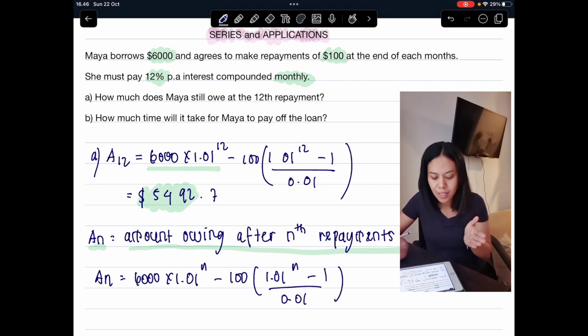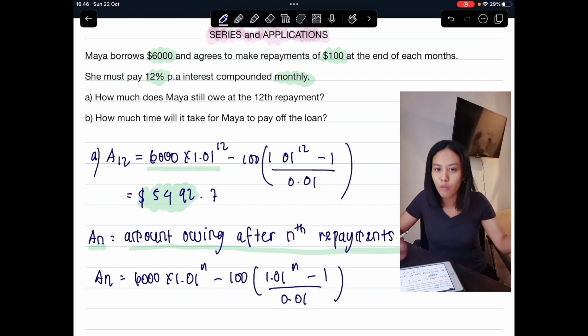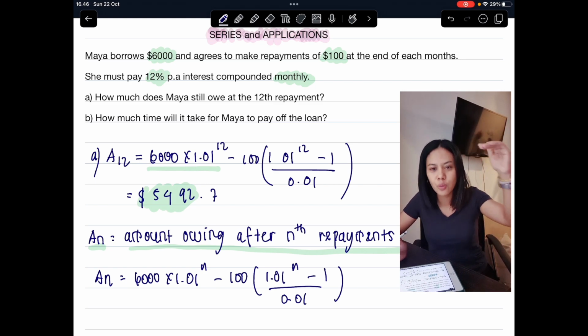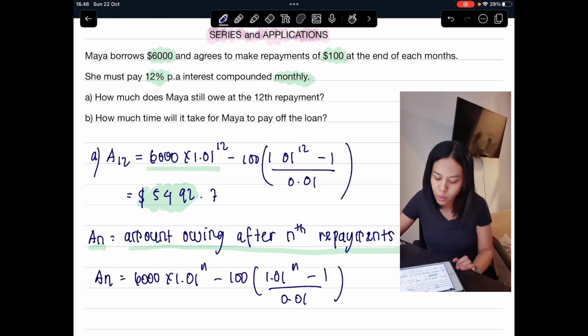That's the formula for An. How did we get that formula? We got it from A12, and we got A12 from A1, A2, A3, where we found the pattern. An needs to be 0, because when An is 0, she has paid off the debt.